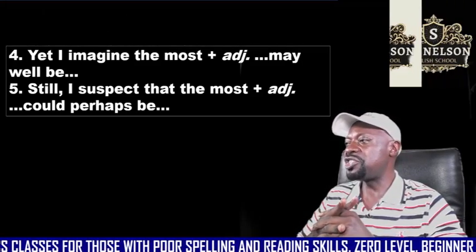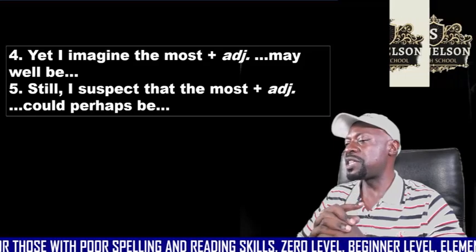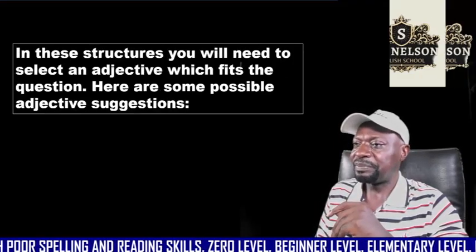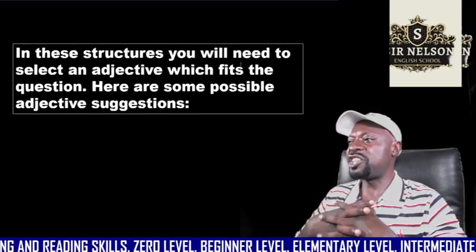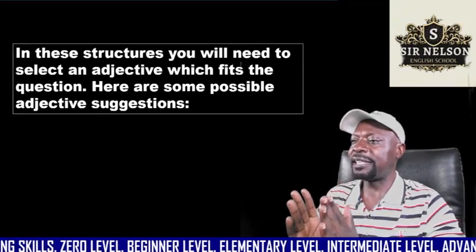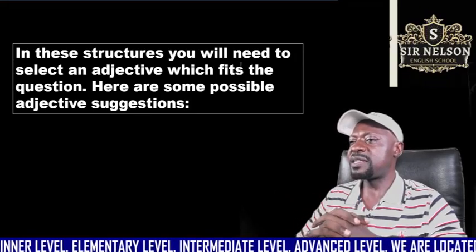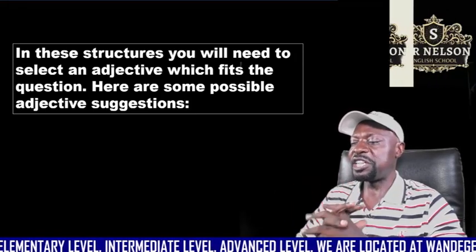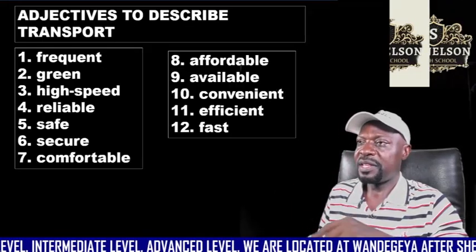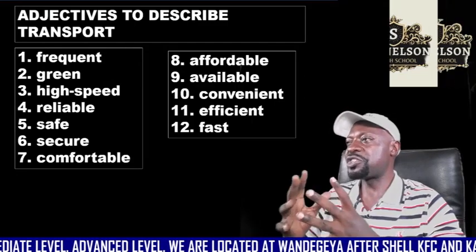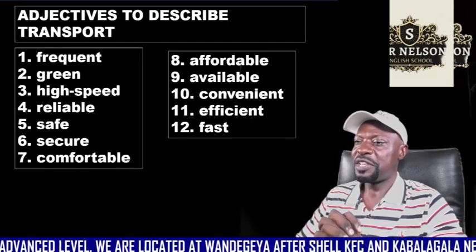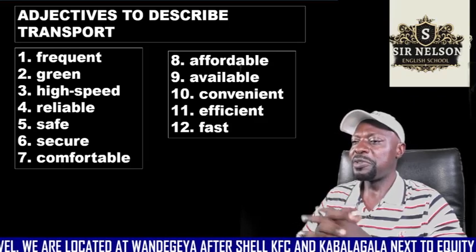Where you see adj, it stands for adjective. In these structures, you will need to select an adjective which fits the question. Here are some possible adjective suggestions. Adjectives to describe transport: frequent, reliable, safe.